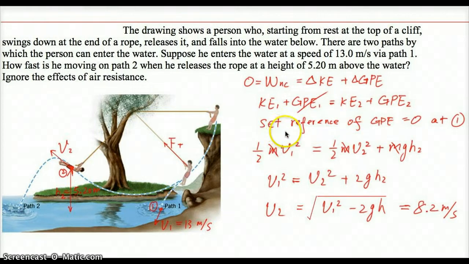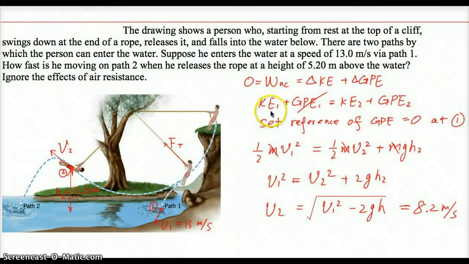And then since we're talking about gravitational potential energy, we need to set a reference of GPE equals 0 at position 1, which is the lower position of the two. And then we should have GPE1 equals 0, right?